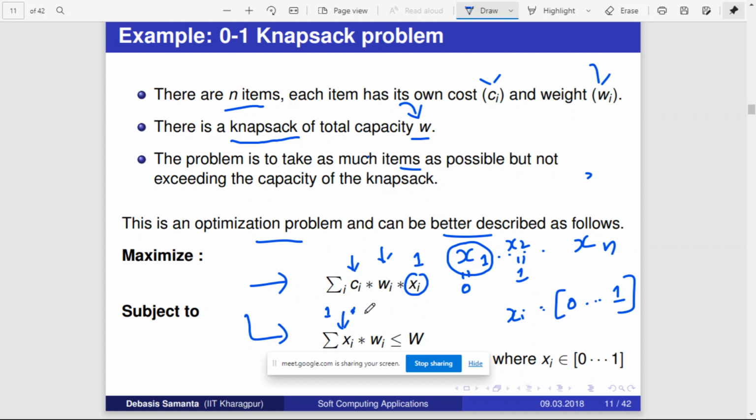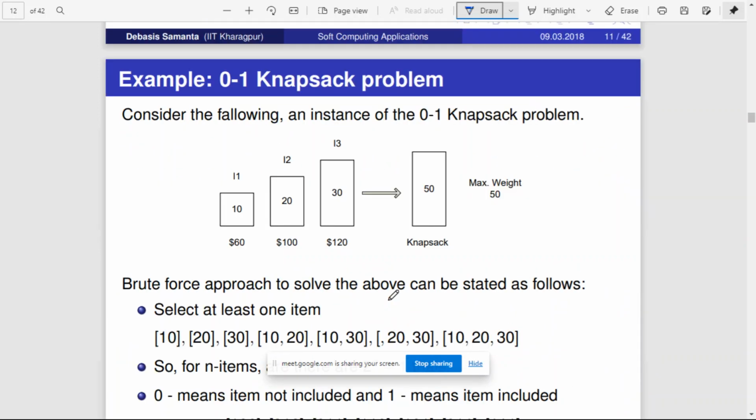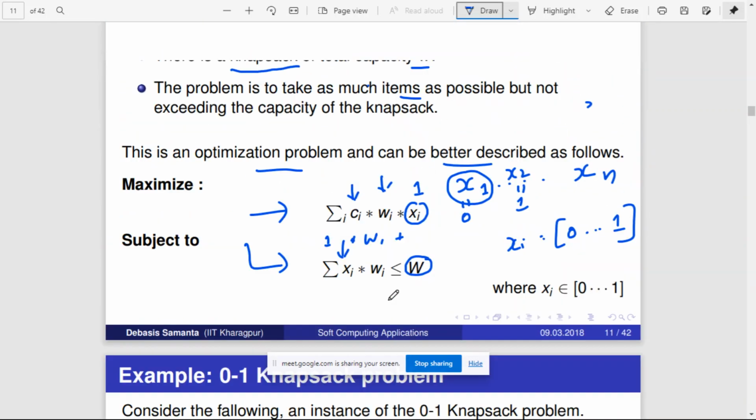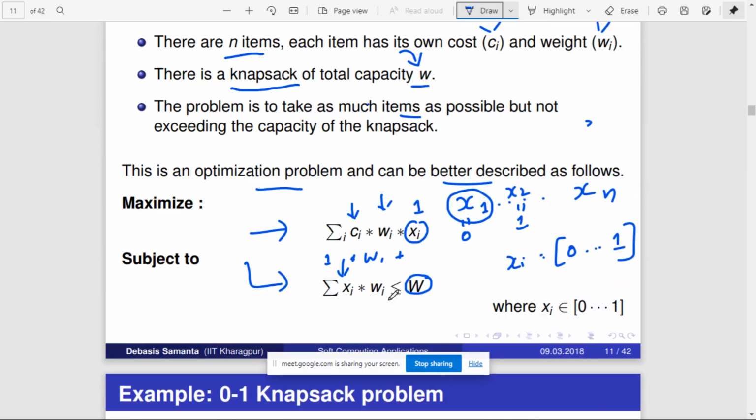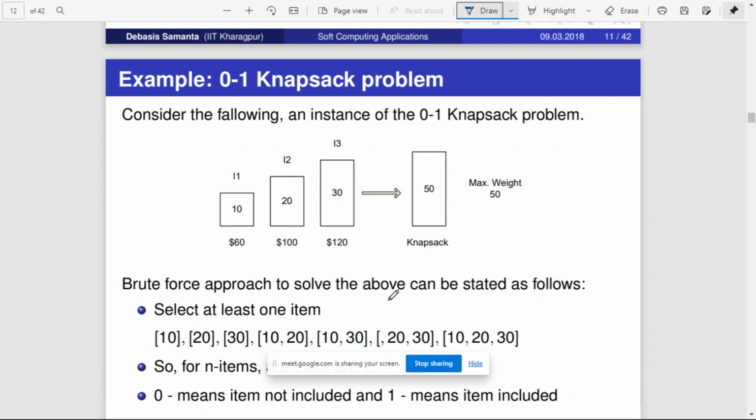So the summation of xi into Wi should not become greater than W. This is how the problem can be represented mathematically. Here we just defined the problem mathematically.